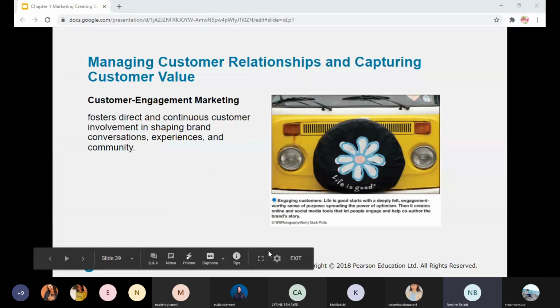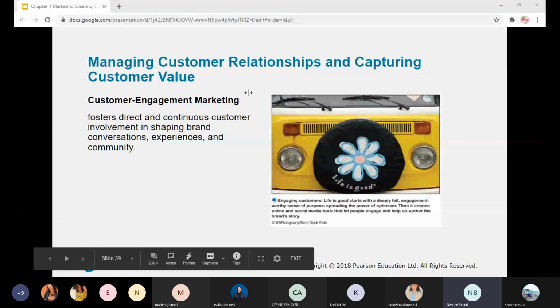So now the customer engagement marketing. It fosters direct and continuous customer involvement in shaping brand conversations, experiences, and community. So customer engagement marketing goes beyond just selling a brand to consumers.